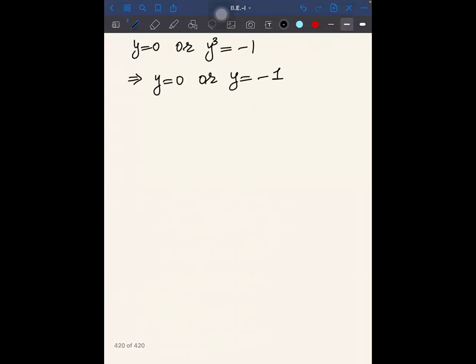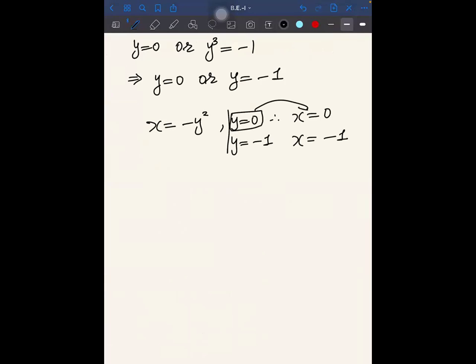Now x is equal to minus y square. Once y is 0, x has to be 0. And if y is -1, x has to be -1. So what are your corresponding points? If y is 0, then x is 0, so you have 0, 0. And if y is -1, then x is -1, so you have -1, -1.